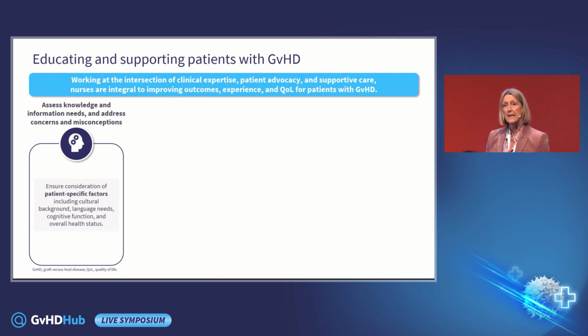It's important that patients understand the implications of having graft-versus-host disease, in addition to us being able to provide appropriate support and care, but also for us to understand what having graft-versus-host disease means for our patients.